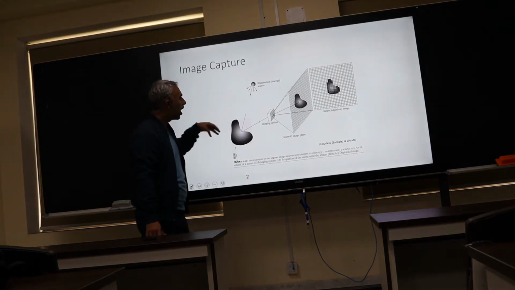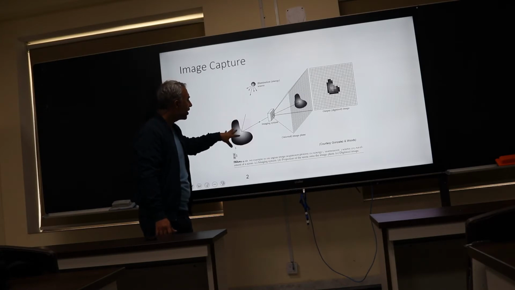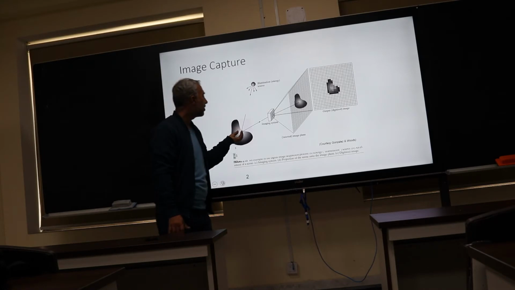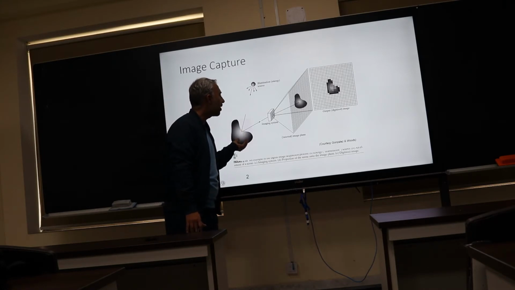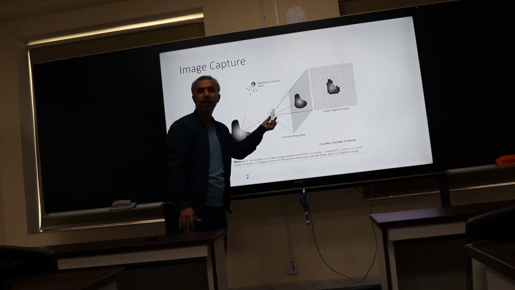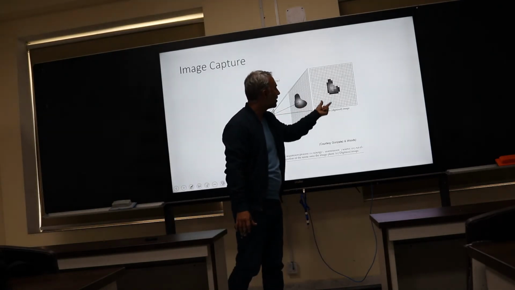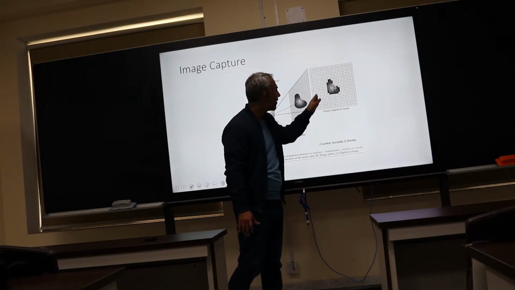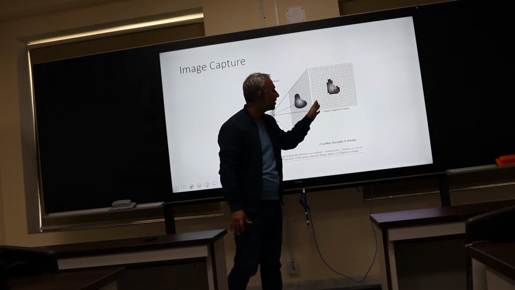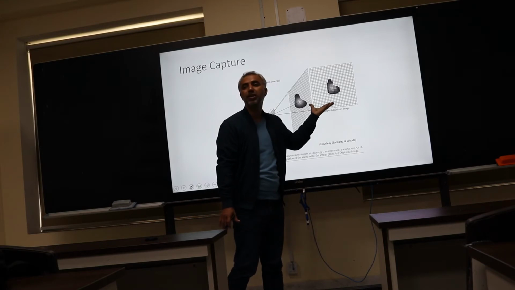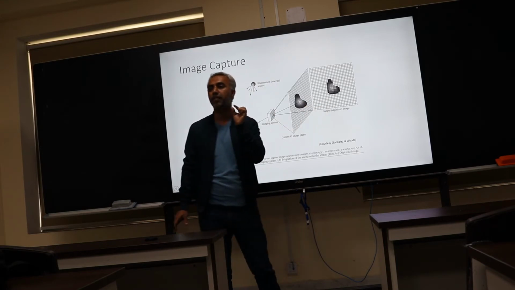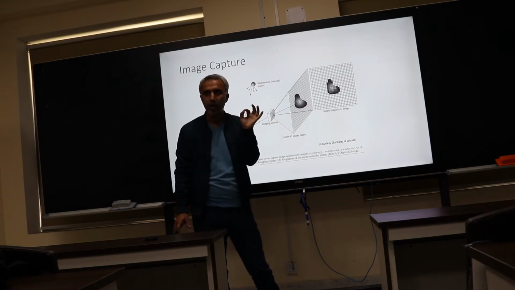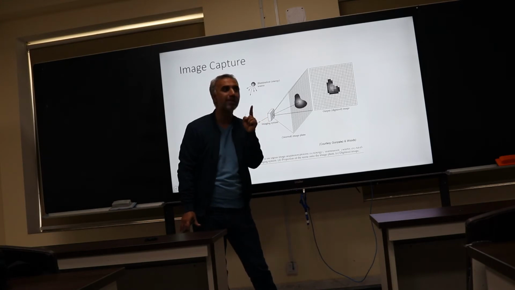So how does it work? The object is illuminated with some source of energy, then light reflects from that object to the camera aperture, and there is a CCD, a charge coupled device. The pattern of the charge coupled device is partitioned into square blocks, not rectangular or circular.